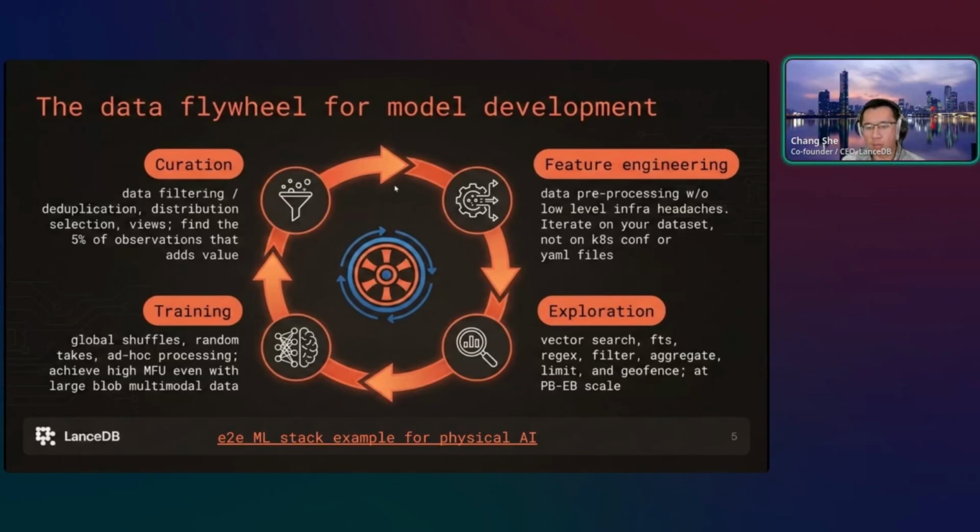And then once you have this enriched data set, the researchers tend to do a lot of data exploration, finding edge cases through search, debugging your data problems, using traditional search and also SQL and data exploration techniques, right? But this has to happen on really large scale data sets and on multimodal data.